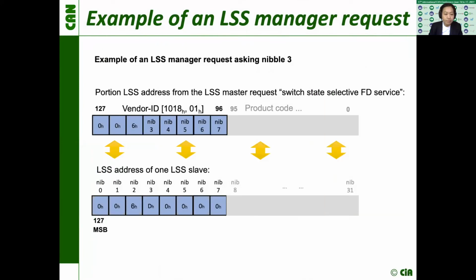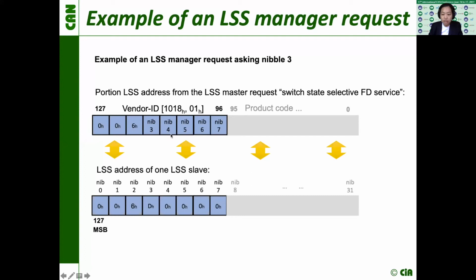For a better understanding, let us see an example on the slide. In the example, the LSS manager sends a request and would like to check the value of nibble 3. The portion LS address, as shown, contains the value from nibble 0 to nibble 2, and they are already determined.